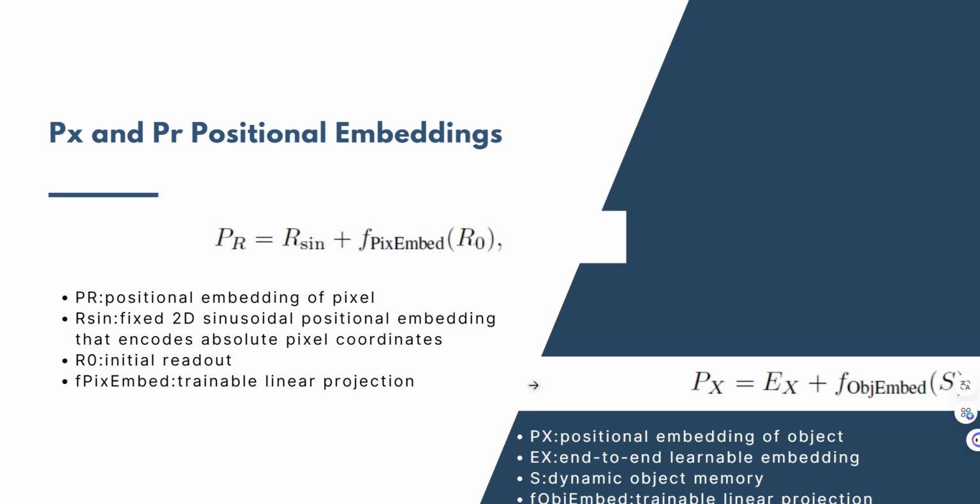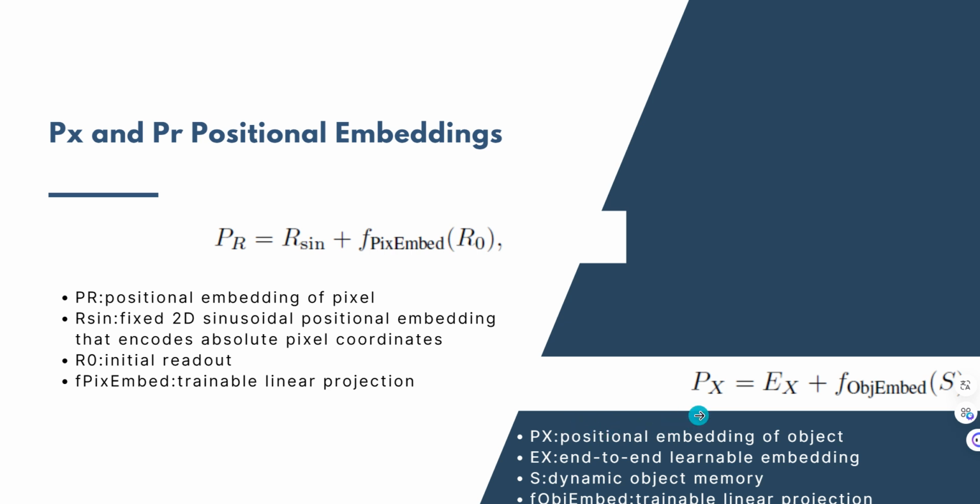The positional embedding is defined as the relationship between this term and this term, and this term is a trainable linear projection. Because the attention input needs the data to be flattened, based on the initial readout we use a small neural network to flatten the data so that we can input it into the attention system.